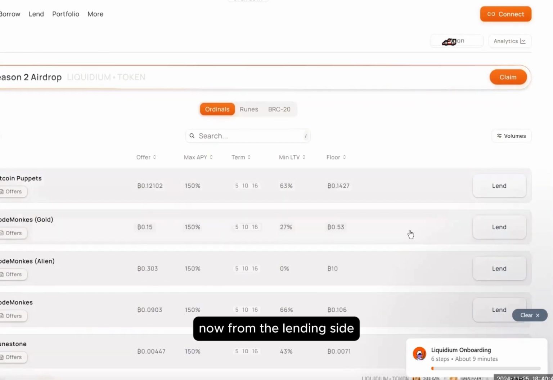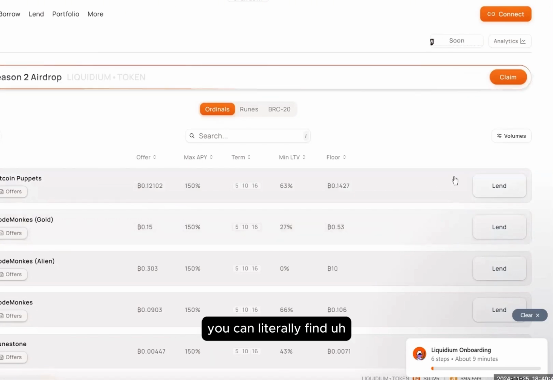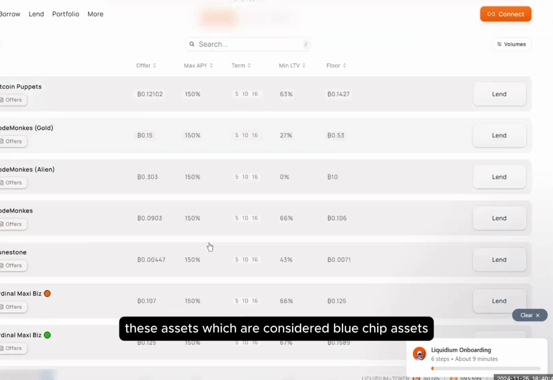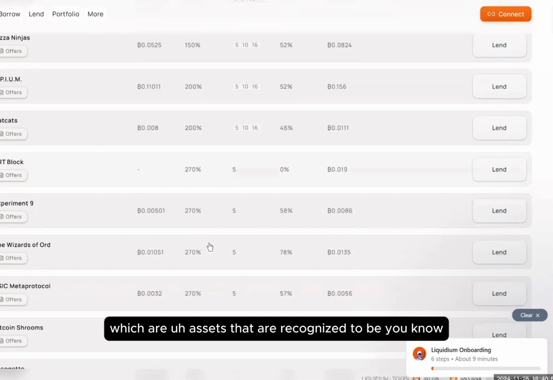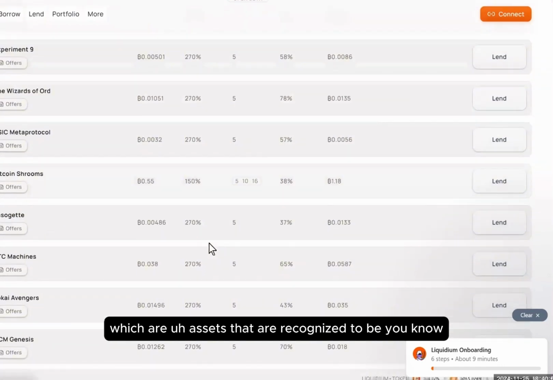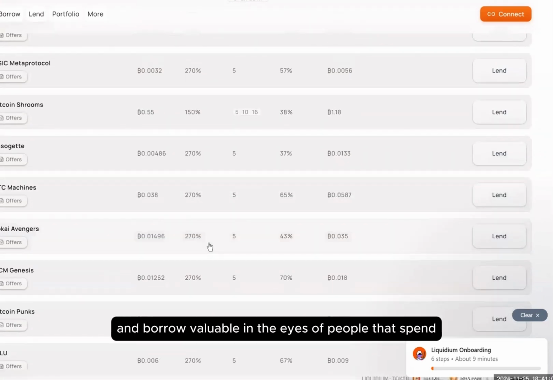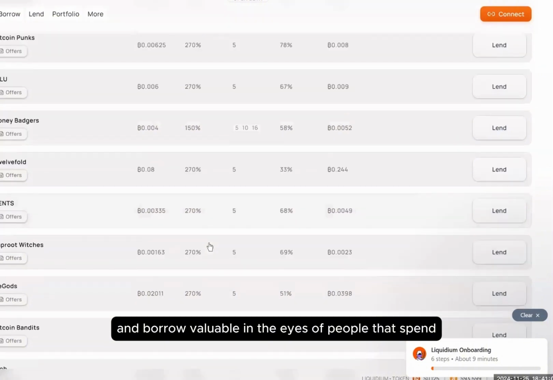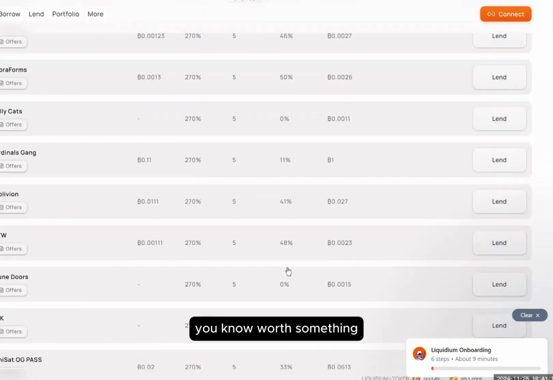Now, from the lending side, which is a lot safer in my opinion, if you just want to play it safe, you can find these assets, which are considered blue chip assets, assets that are recognized to be valuable in the eyes of people that are willing to lend and borrow, valuable in the eyes of people that spend money in the crypto space, valuable just as far as proof of concept of being worth something.